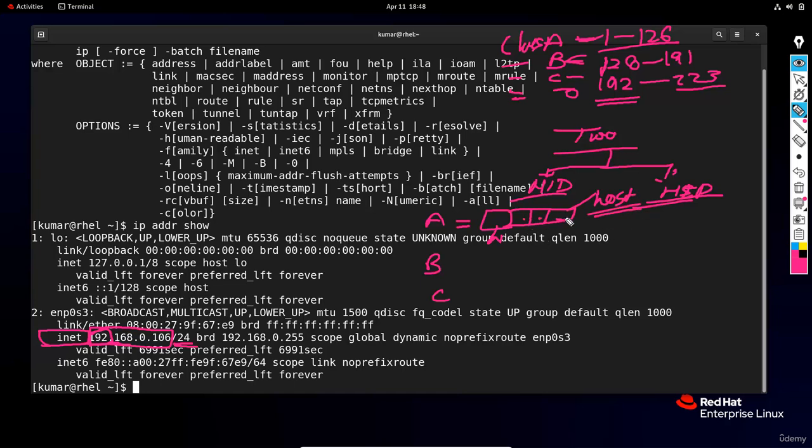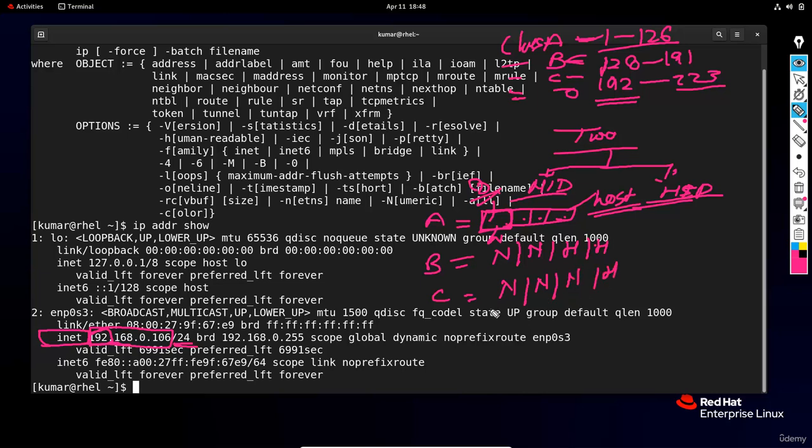In class B, there are 2 network octets and 2 octets for the host. In class C, the first 3 are the network and the last one is the host.